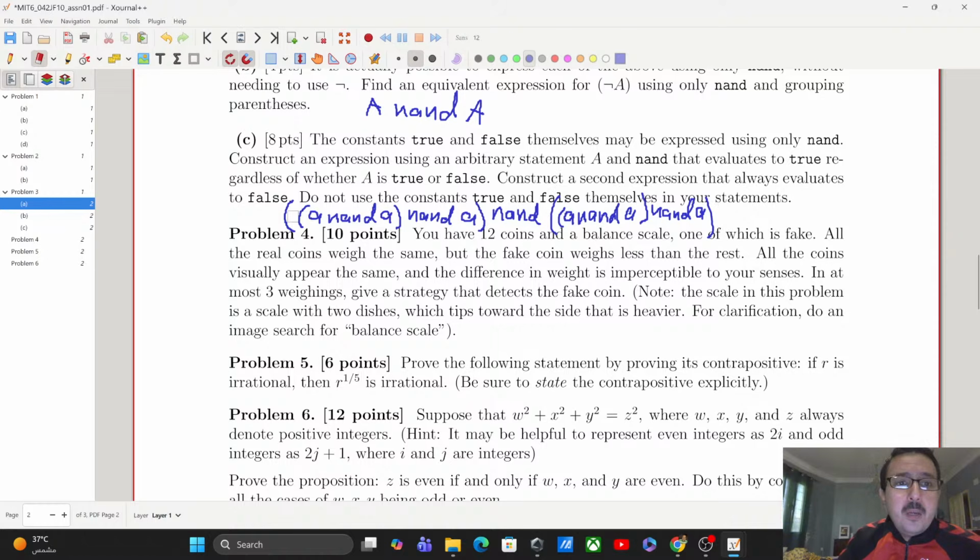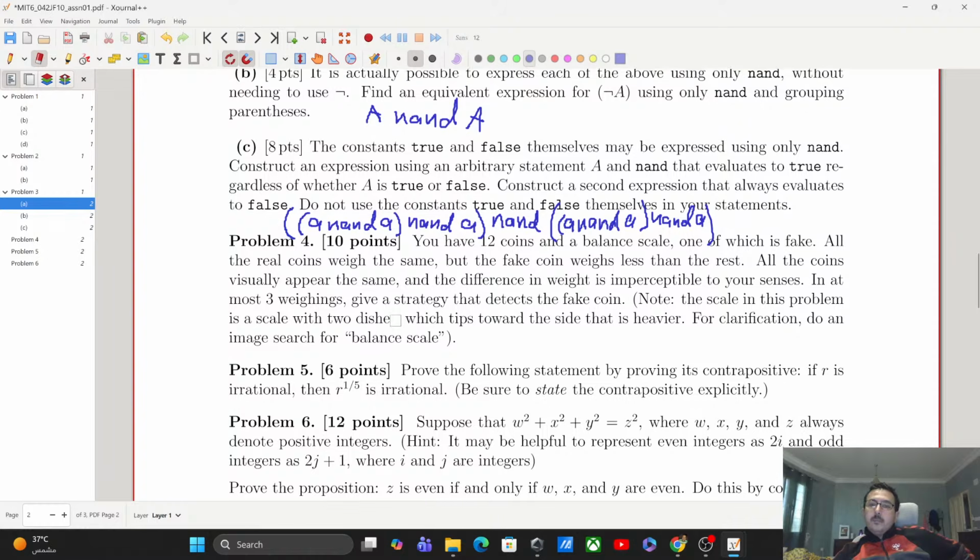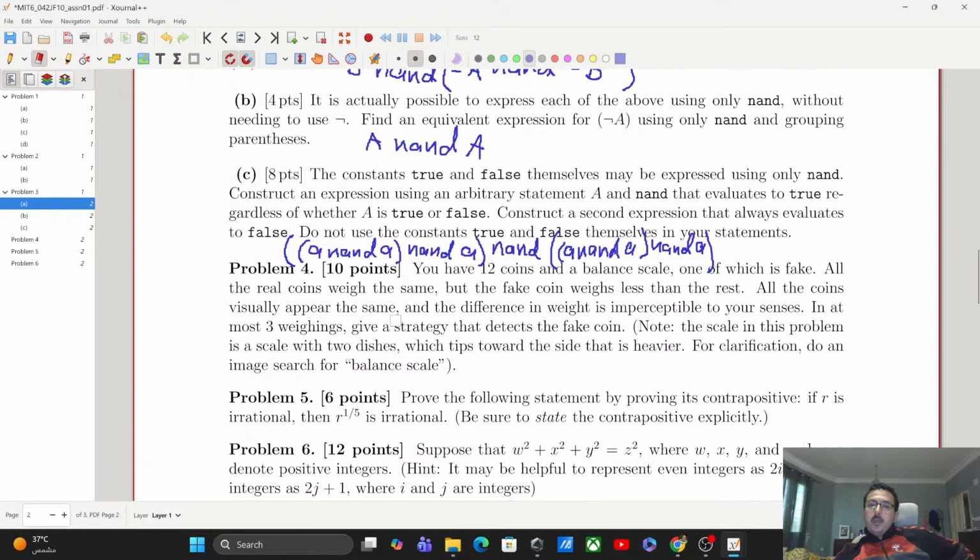That always evaluates to false. Do not use the constants true and false. Interesting. It's always, so it's gonna be true, true, true, true. But it's gonna be true and false. It's not gonna work. Okay, the second part is not gonna work.